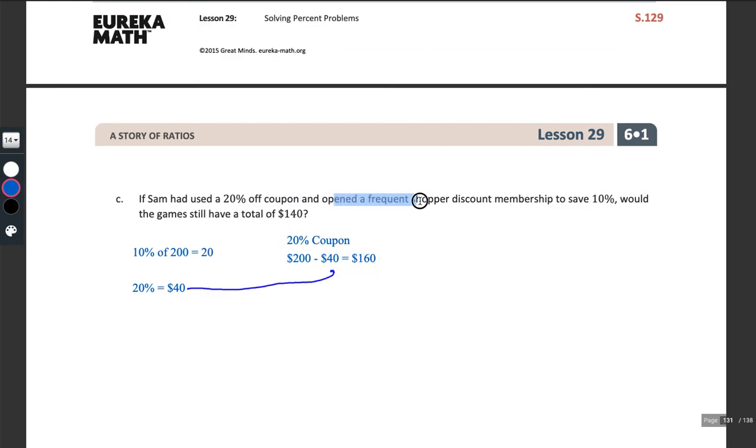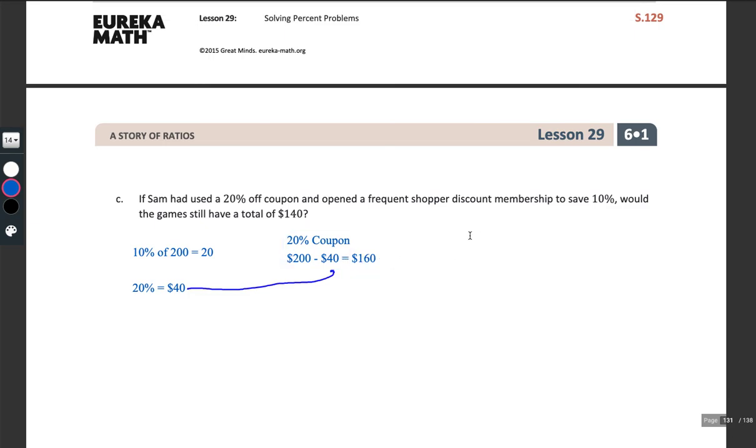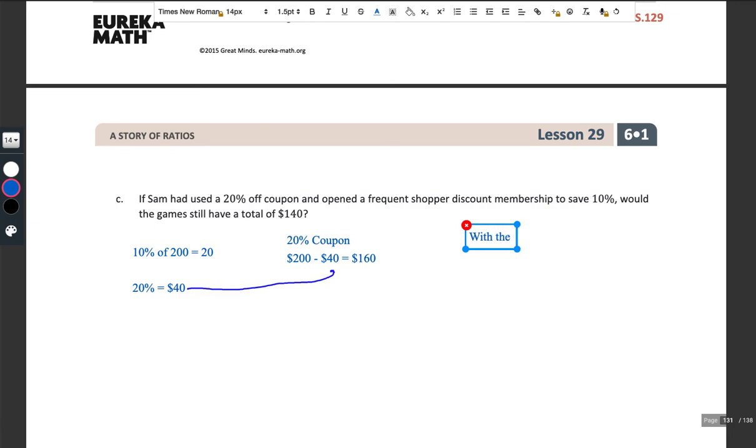Now we are going to open a frequent shopper discount membership and save 10%. But how much does the thing cost now? It does not cost $200 anymore. It costs $160. So now, with the membership, which is 10%. With the membership, we have the $160, right?